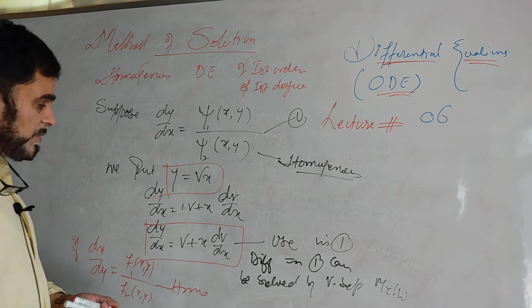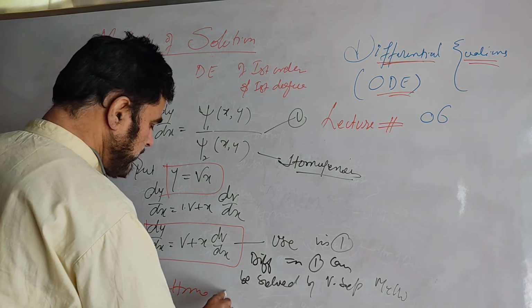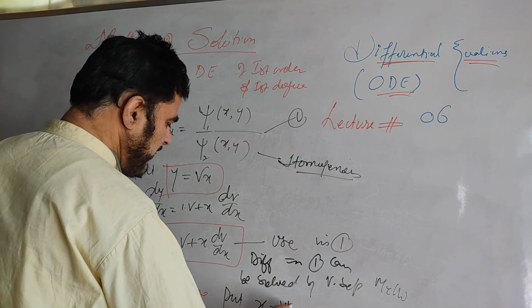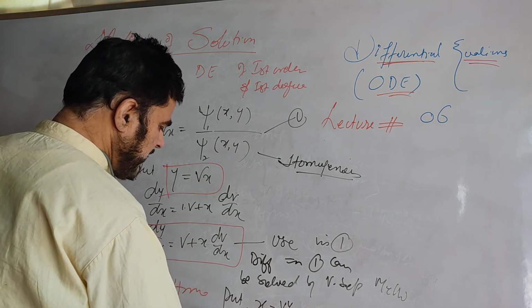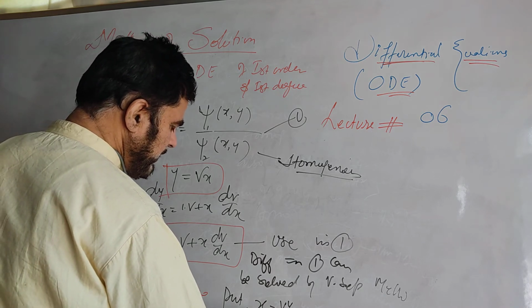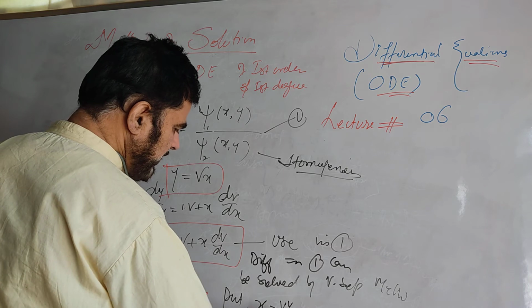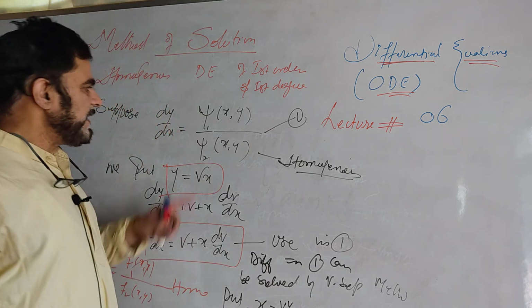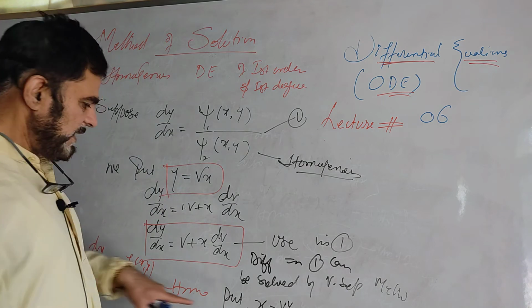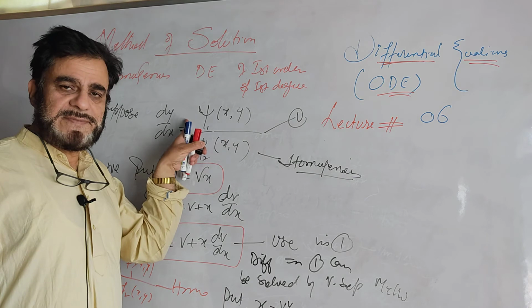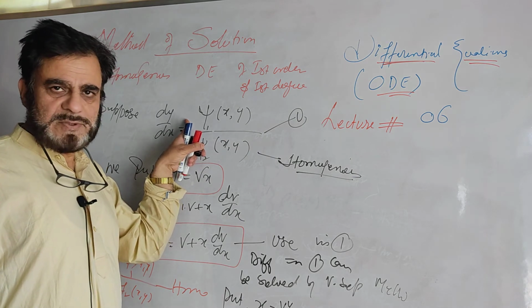Here you will make a suitable substitution, you will put x is equal to vy, you will get dx by dy. What is it? It is v plus y dv by dy. And in that way, you have to replace x by vy, it will involve y and v, then by variable separable you can solve it.